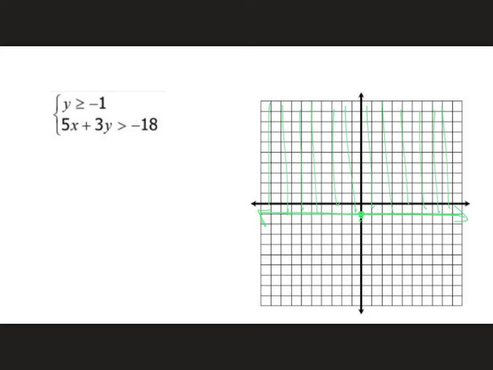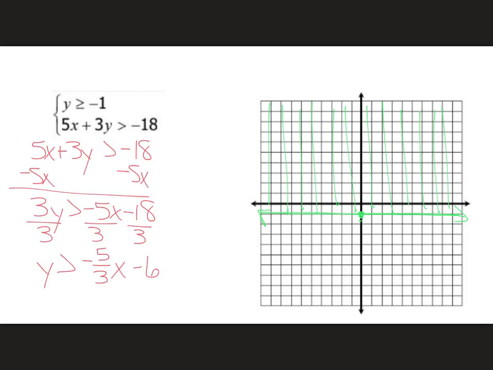Next, I have 5x plus 3y is greater than -18. Pause the video and convert this to slope-intercept form. I got y is greater than -5/3 x minus 6. Now graph this linear inequality after you pause the video. I got a dashed line. I shaded above the line, and my solution area is this area of overlap.